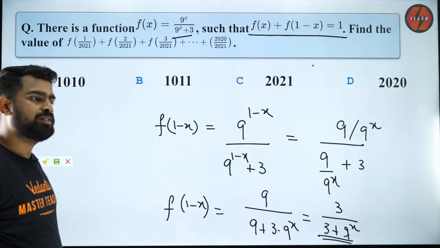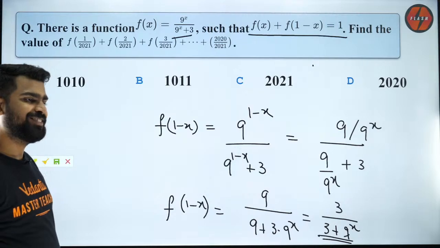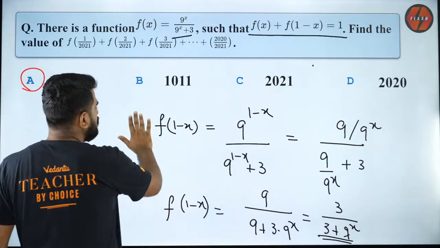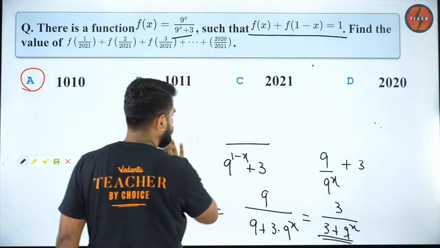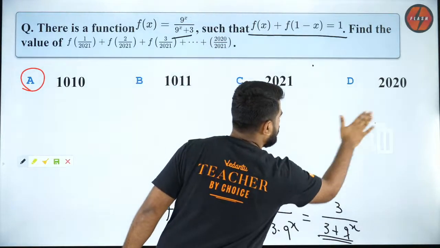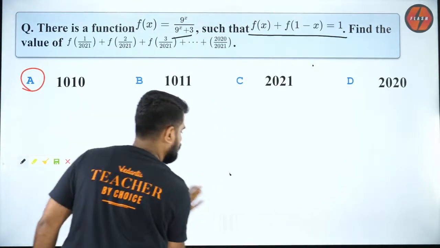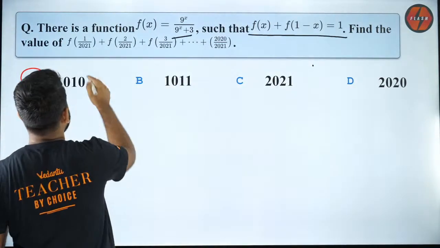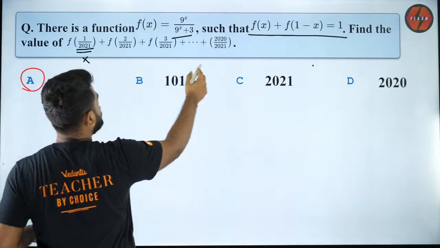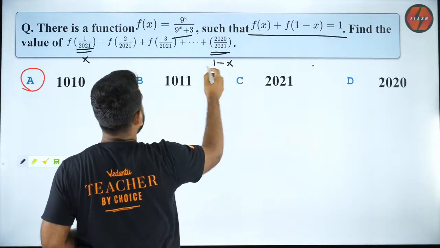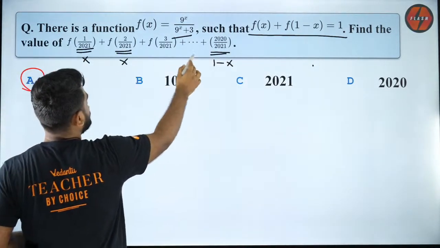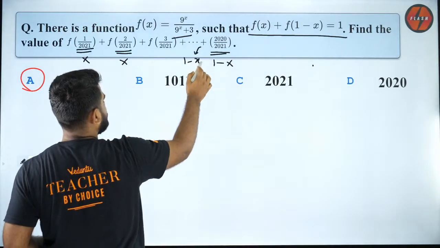Very good, very good. Hi Amit, welcome man. So now that we know this, it is a piece of cake, because don't you guys think if this is x, this is 1 minus x, and if this is x, the previous term will be 1 minus x.